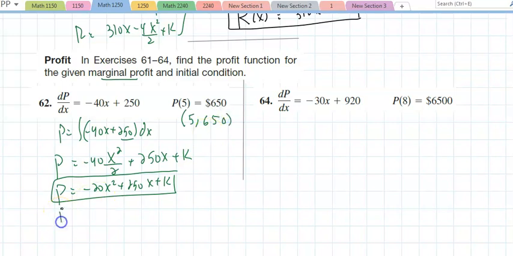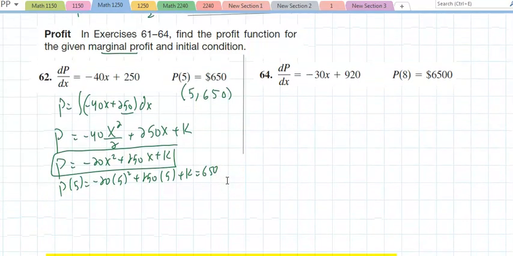So if I throw in 5 units, that's negative 20 times 5 squared plus 250 times 5 plus k, and that's 650. Solve for k and you're done. You could do that in a calculator.